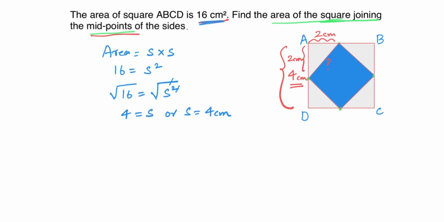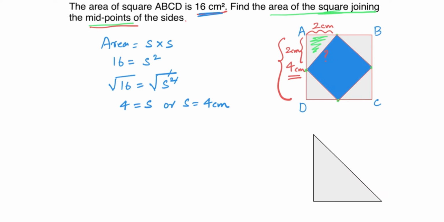Now we can see that it is forming a triangle. So let's draw this one. We can see this triangle. We have to use this triangle to find the third side of this triangle, which is the same as the side of the square. So here's a triangle. We know that in a triangle, if the angle is 90 degrees, it is a right angle triangle.